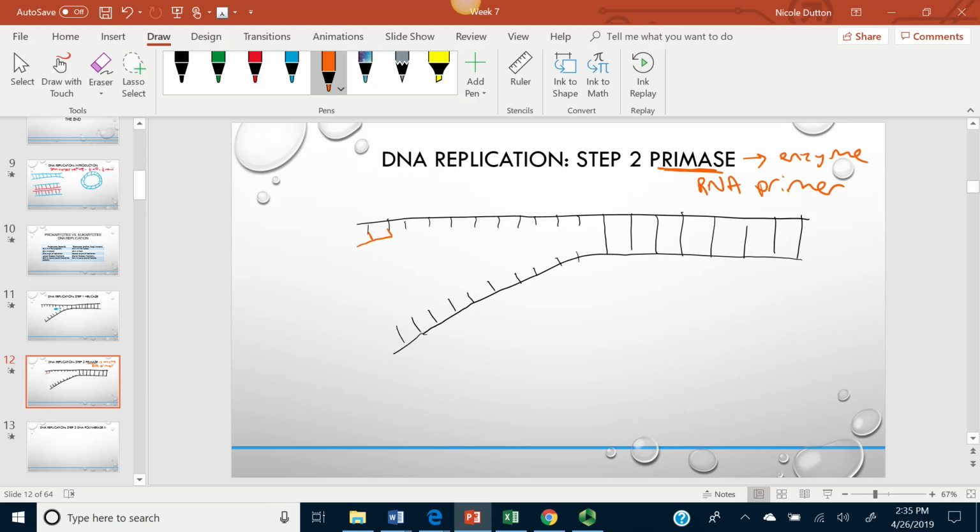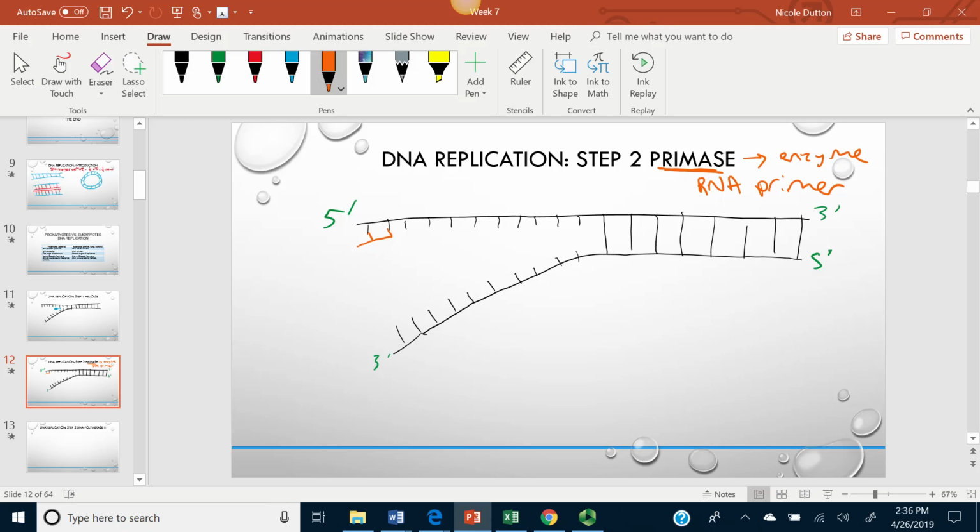Now there's a top strand and a bottom strand of the DNA. We label our ends 5' to 3', and then 5' to 3'. DNA can only be made in the 5' to 3' direction. So when DNA is created, we have to create it in this direction.